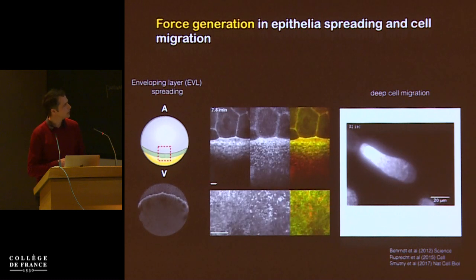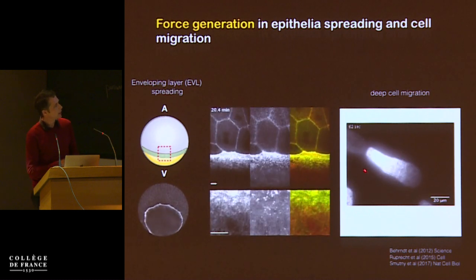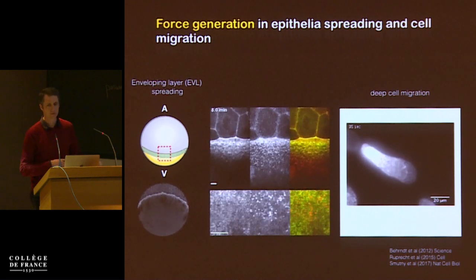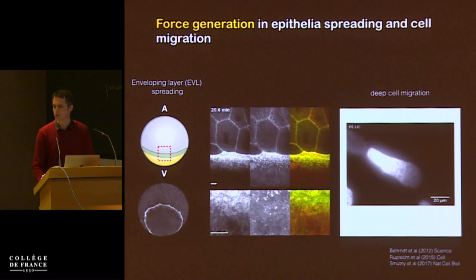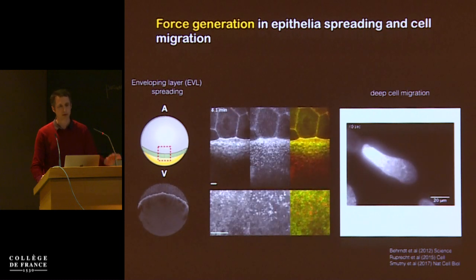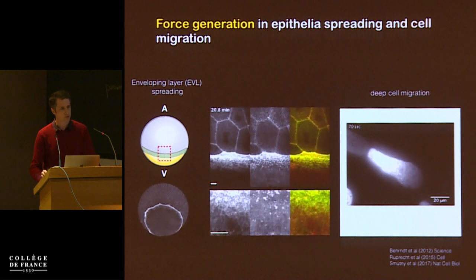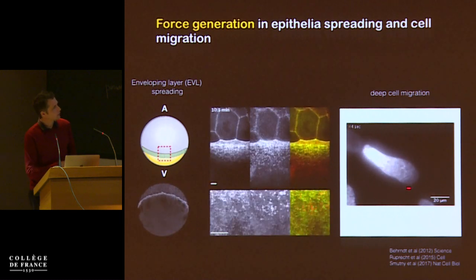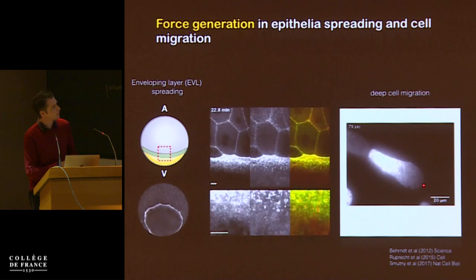Actomyosin flows have been analyzed for many years already, particularly in the context of cell migration, and that's what we looked at in another study. We identified a very fast type of cell migration, where a few cells within the embryo migrate extremely fast, up to 20 micrometers per minute. Usually cells in the embryo move 2 micrometers per minute. This movement, not surprisingly, is generated with very fast retrograde flows of actin and myosin.